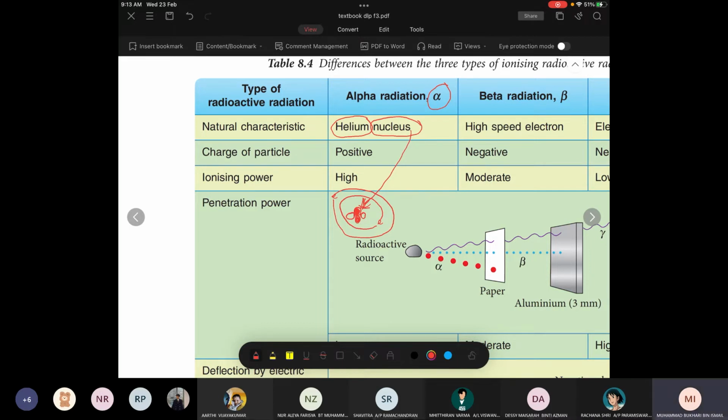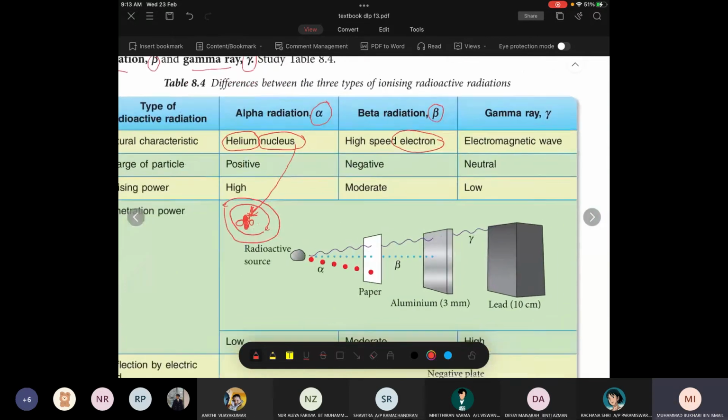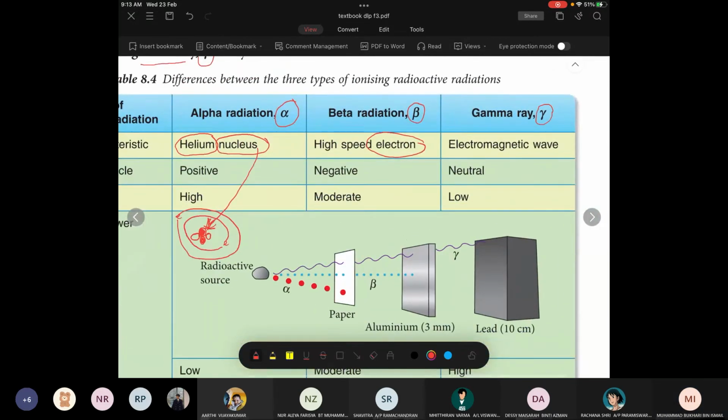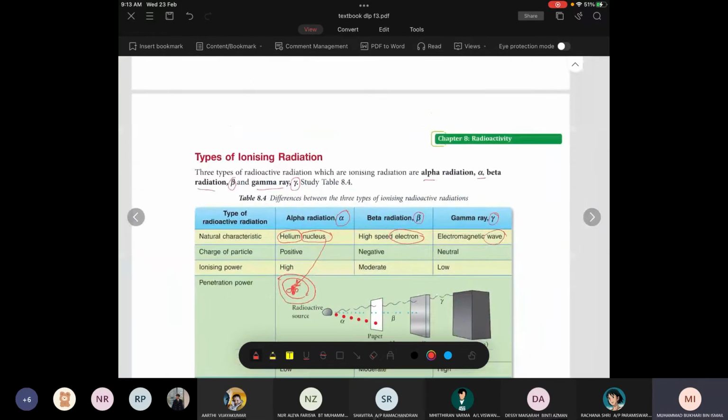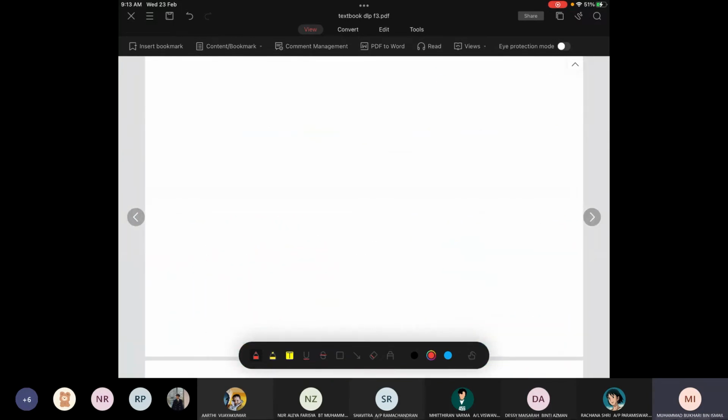The next one, beta. What is beta? Beta is actually an electron, a high speed electron. And then what is gamma? Gamma is a type of electromagnetic wave. As we have discussed last week, we have the electromagnetic spectrum.